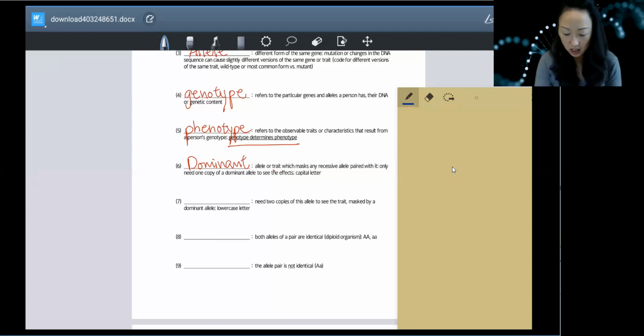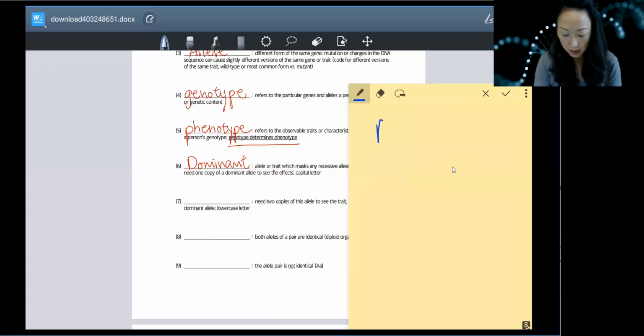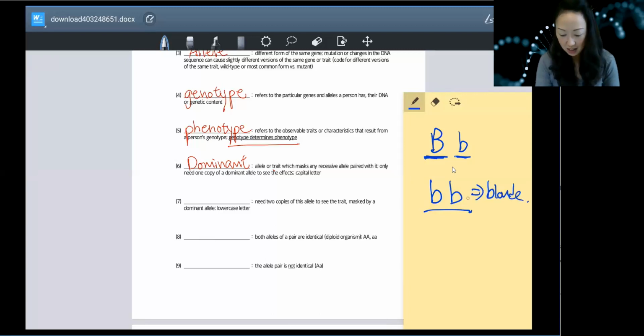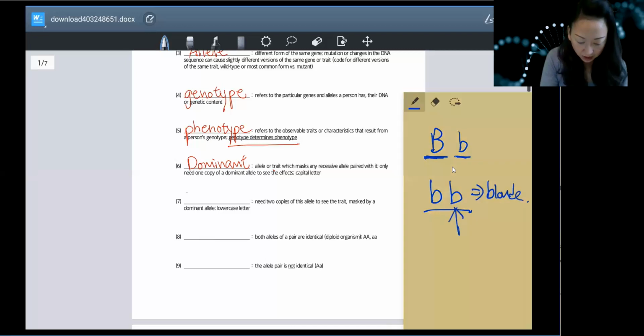In our example, that will be black. The big B allele is going to mask the small b allele in its trait. And when you need two copies of the same allele before you ever see blonde, then this kind of allele is called the recessive allele. Okay.